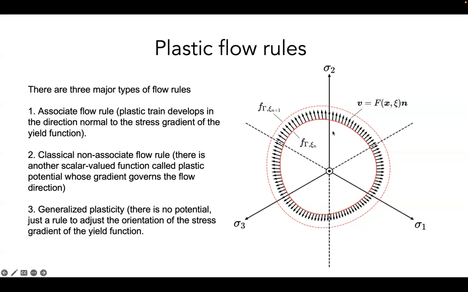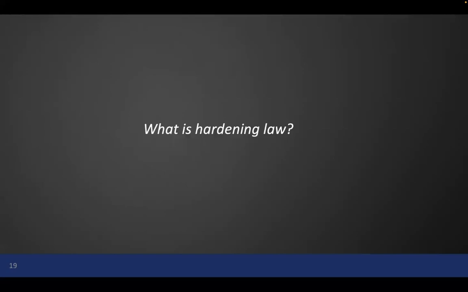So I would grow the plastic strain not in this direction, but I will deduct a rule so that I can change the direction a little bit to create a different type of plastic flow. So I don't need to write a potential and I don't need to do the gradient. I just create the corrections. If you correct too much, you may violate thermodynamics. That's another story, but those are the 3 choices, regardless of whether you use machine learning or not.